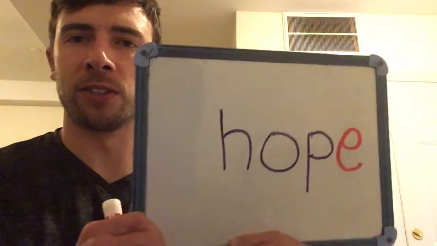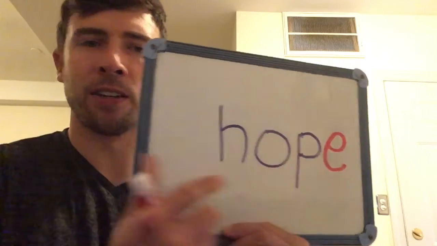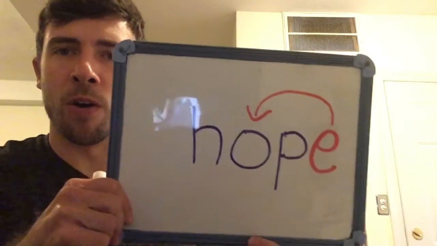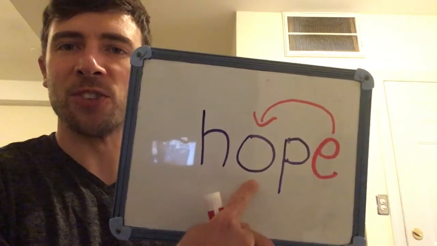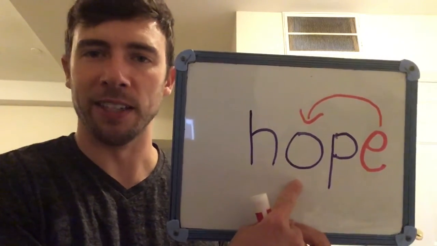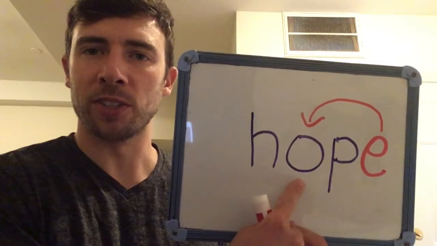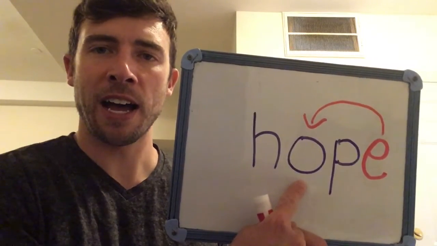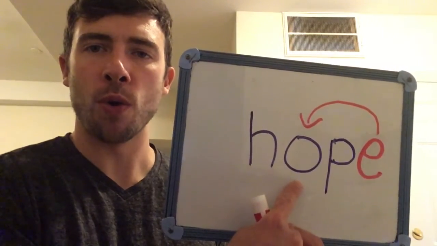We know that since there's a bossy E at the end, and it's going to boss our vowel around, our E is going to tell our O to say its name. And the name of this letter O that it will be saying is O. So instead of sounding like ah, it will sound like O.